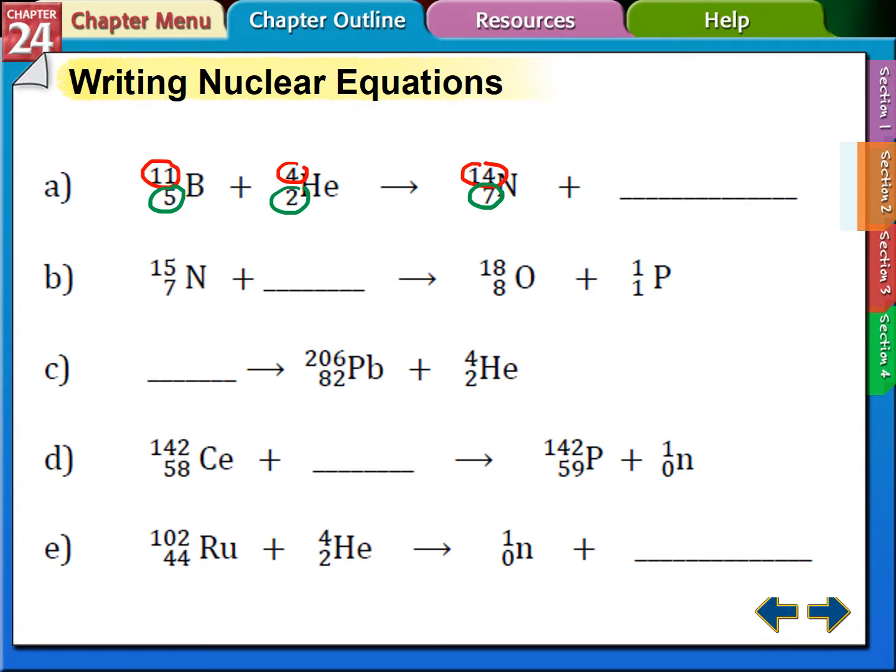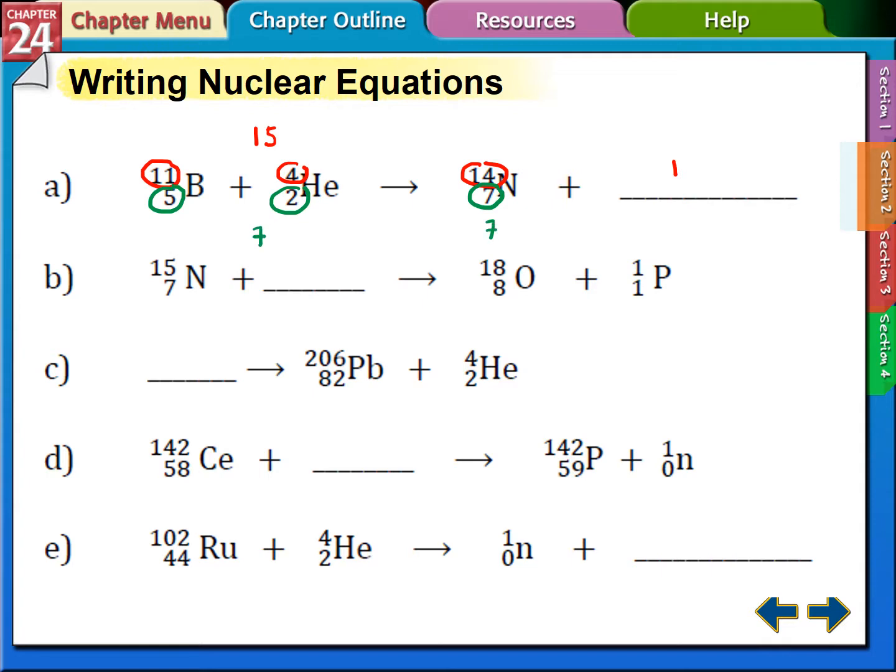If we look at question 1, the mass number on the product side is 15, while on the other side it is 14. Therefore, this particle should have a mass number of 1. Also, the atomic number on the reactant side is 7, and we already have 7 on the product side.